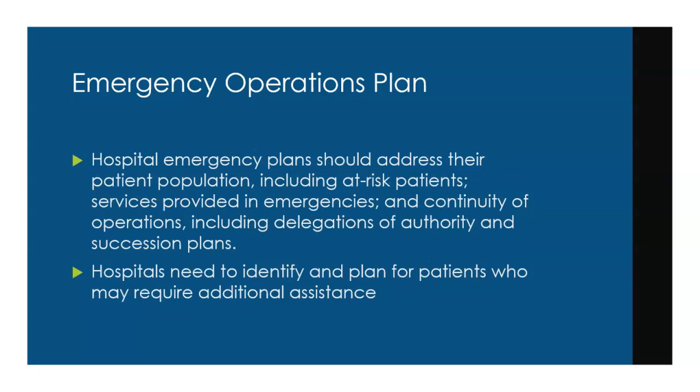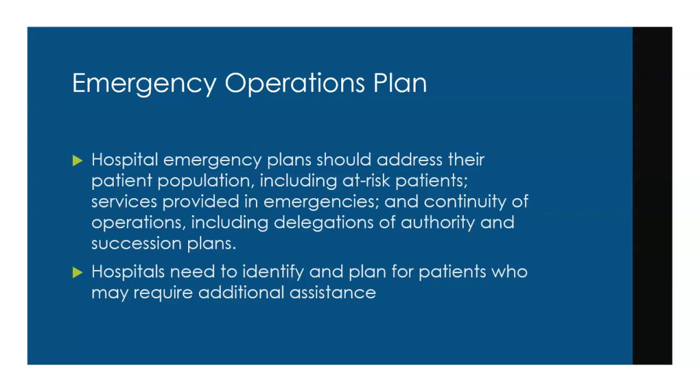Again, we should address our patient population, including at-risk patients, our services provided in emergencies, and continuity of operations, including delegations of authority and succession plans. Continuity of operations is important because during an emergency, even though the event is happening, the rest of the hospital is still going on.